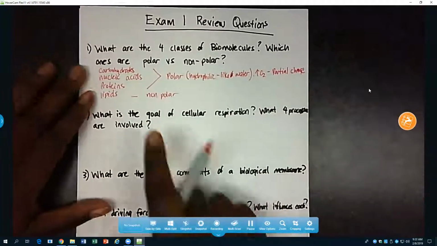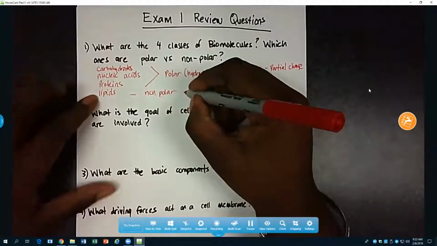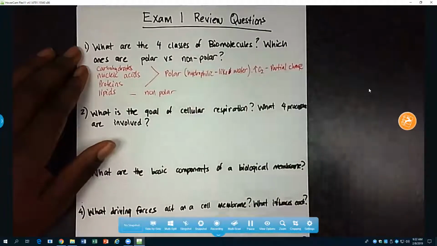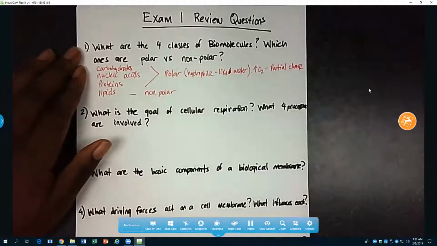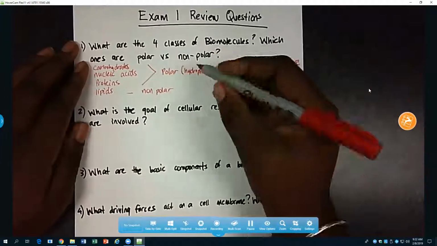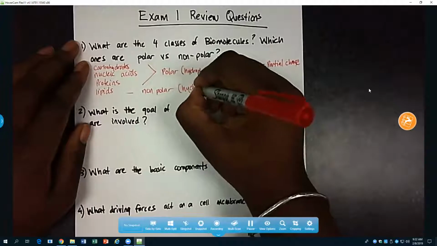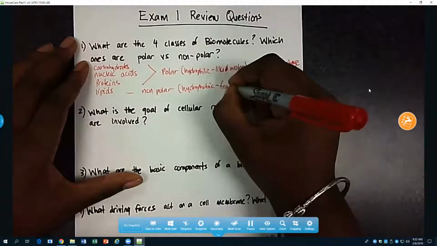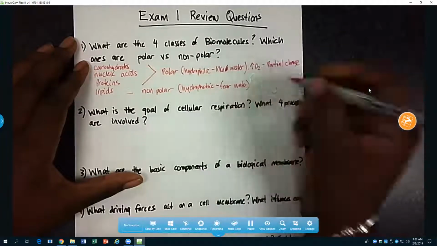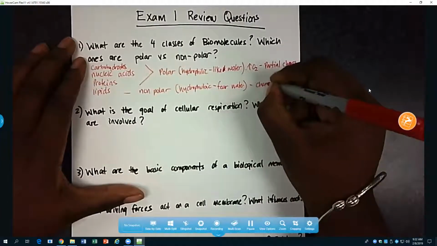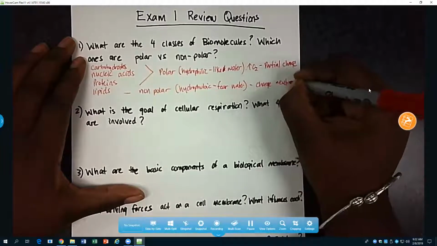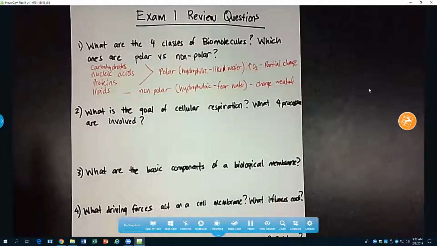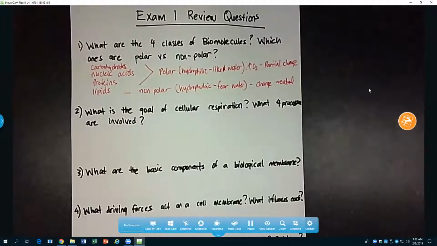Whereas non-polar biomolecules such as lipids, and lipids include ketones, phospholipids, steroids, and things like that, were hydrophobic, right? Which means that they feared water. And these were charge neutral. Alrighty.